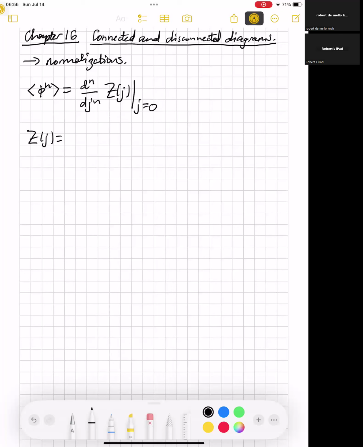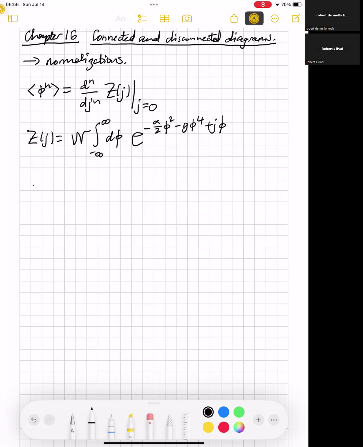Well, z of j was some normalization N. We then had an integral over phi from minus infinity to infinity d phi, and then e to the minus alpha over 2 phi squared minus g phi to the 4 plus j phi.